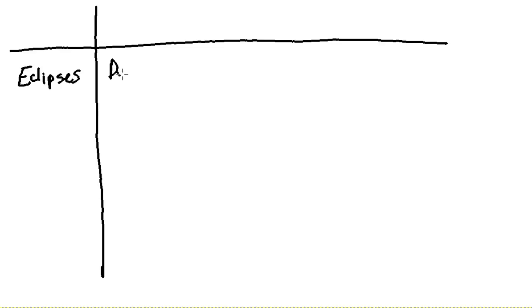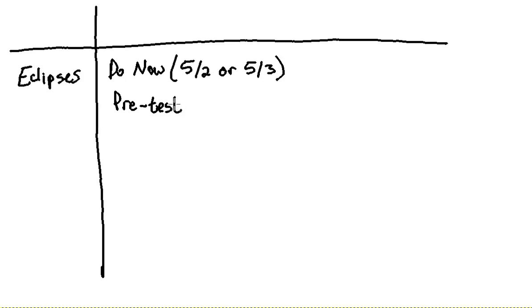It was covered in the due now on 5-2 if you are in 1st, 3rd, or 5th period, or 5-3 if you are in 2nd or 6th period. These 2 types of eclipses are mentioned but not really explained in great detail on the pretest. Numbers 14 and 15.